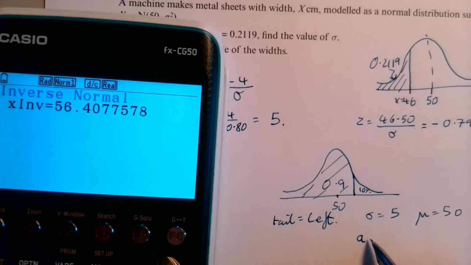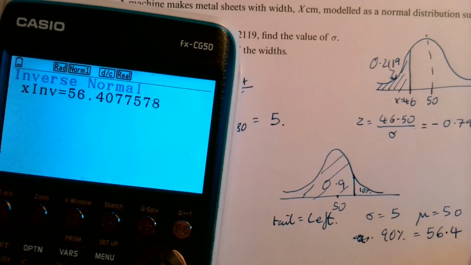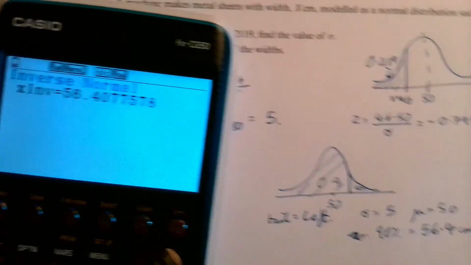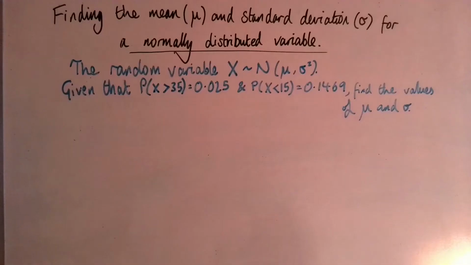The 90th percentile is going to be 56.4 centimeters to 3 significant figures. Okay, and that is the end of the second example. We've got one more example to come up, then you can do some practice.